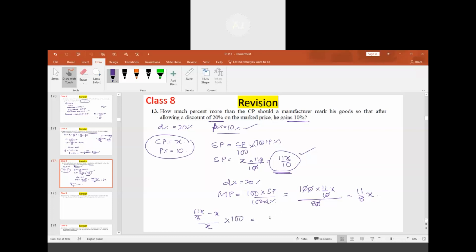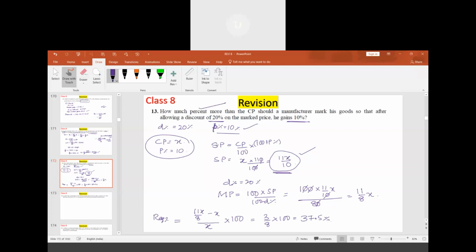The LCM here is 8: 11 minus 8, 3x by 8, divided by x. So x and x get cancelled. At the end, we have 3 by 8 times 100. We get 37.5%. This is the required percentage.